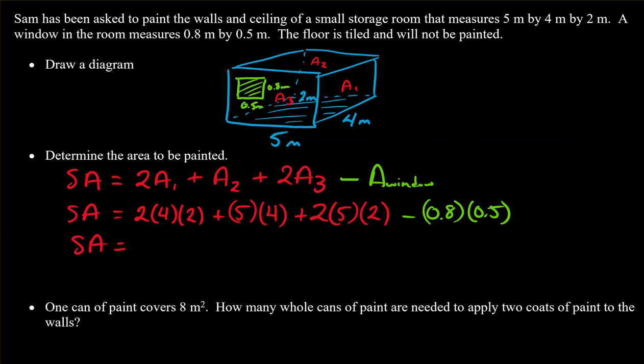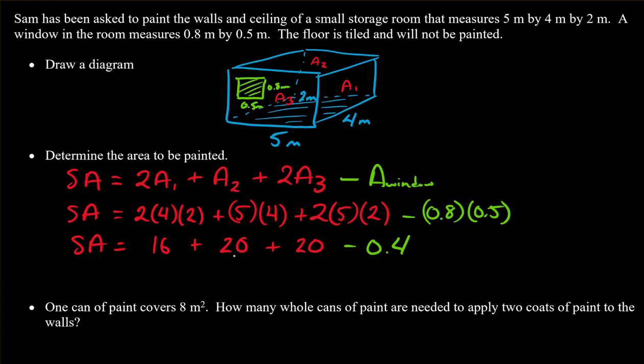So if we calculate all of this, it's going to be 16 plus 20 plus 20, and then we're going to subtract 0.8 times 0.5, which is 0.4.